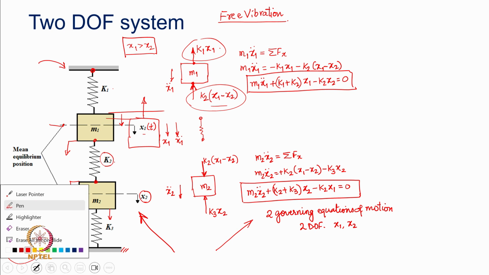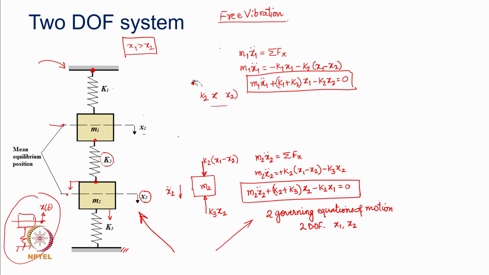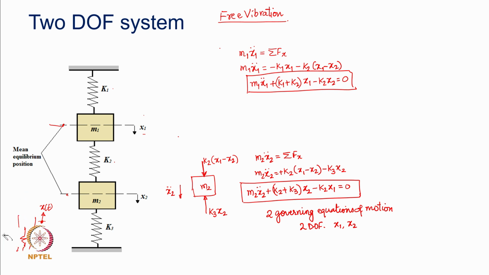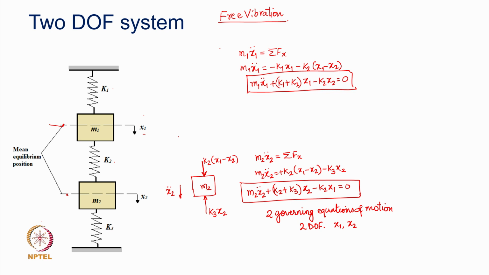How do we solve this equation? We have got these equations, now they are required to be solved. How do we make an assumed response here, right? We need to make a valid assumed response in this case. Now, the equation is having two coordinates here, x1 and x2.